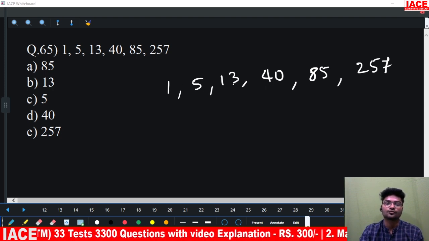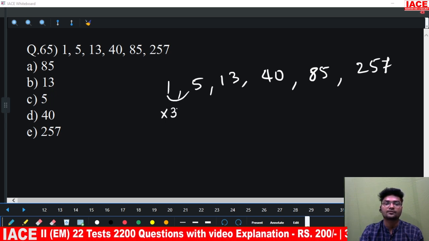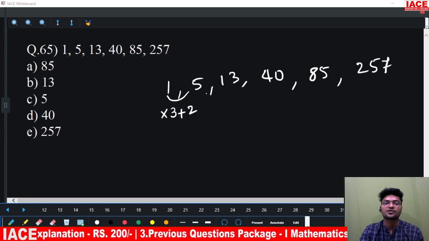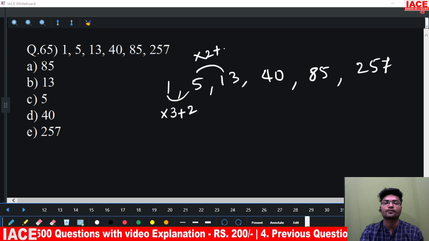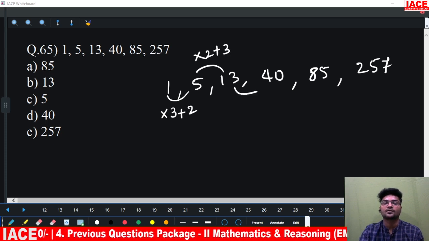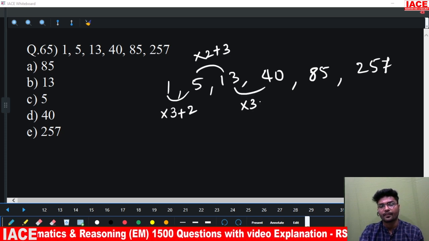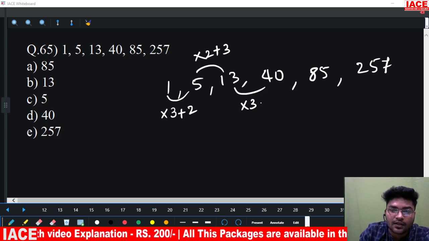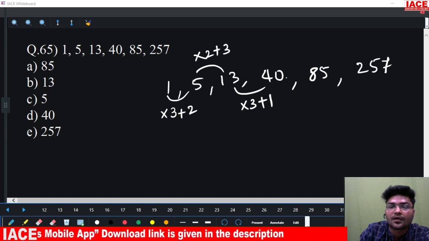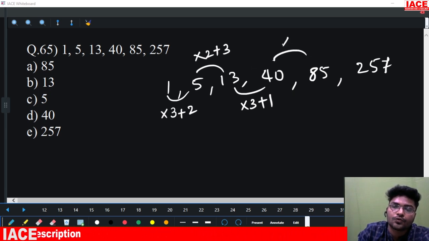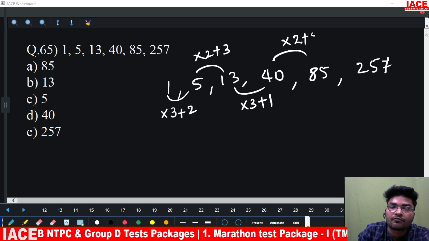So I'll start here with 3. 1 into 3, 3 plus 2 is 5. 5 into 2 is 10, plus 3 is 13. 13 into 3 is 39 plus 1. Next, 40 into 2 plus 5.